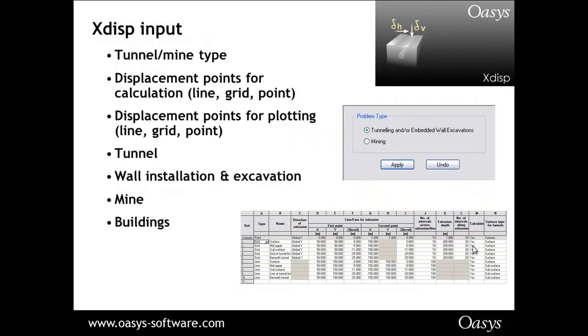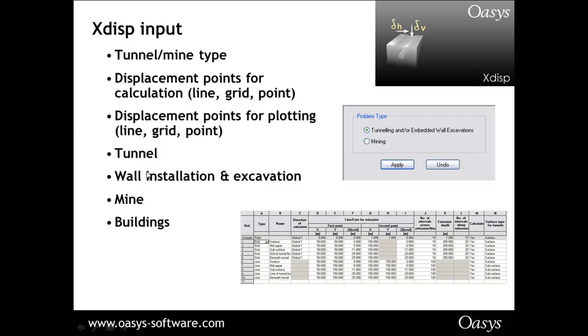To better understand the way Xdisp works, and you'll really see this when we go into the demo, the best thing for me to do is quickly run through the inputs. You've got the tunnel and mine type, so you've got to tell the program what type of problem you've got. You've also got to tell the program where you want to calculate settlements. Do you want to calculate along a line, at a surface or subsurface grid, or at a point?